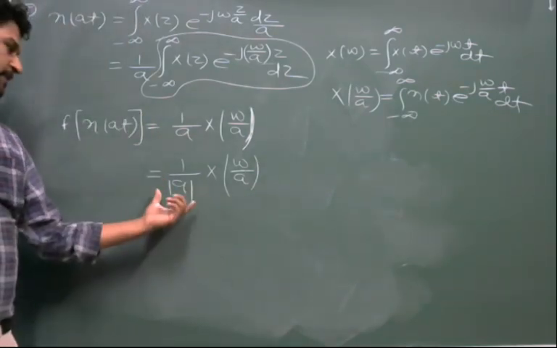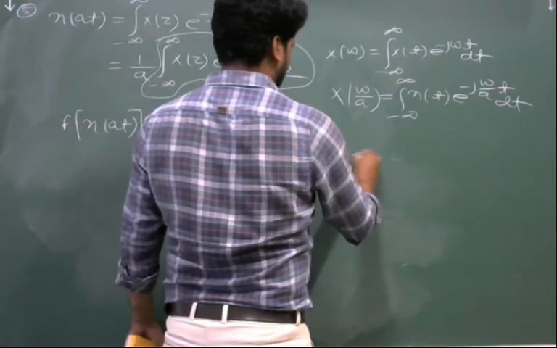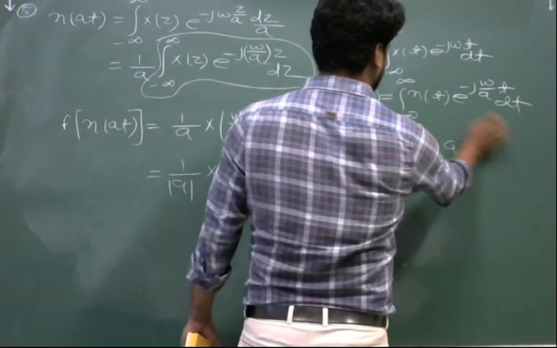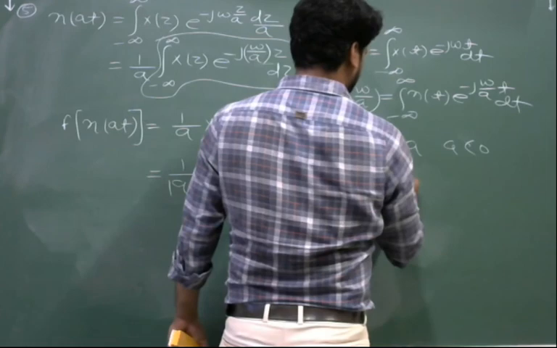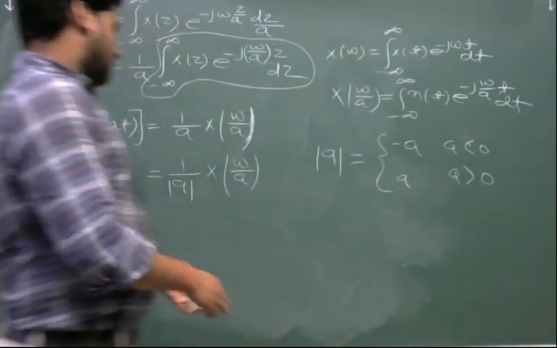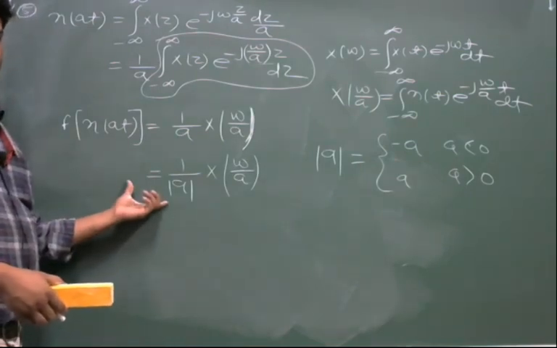Because if we replace the variable, mod of a means this will be equal to minus a if a is less than 0, and this will be equal to plus a if a is greater than 0.